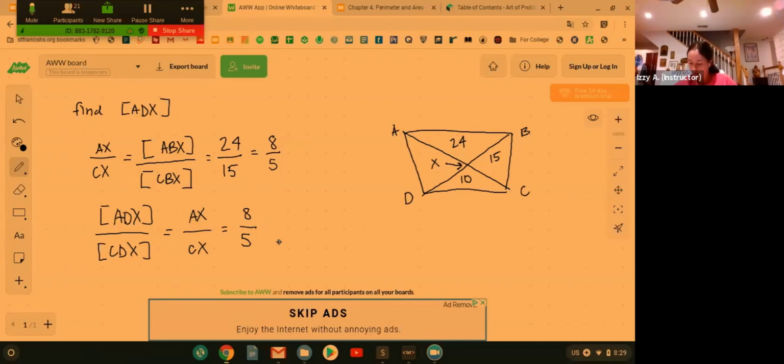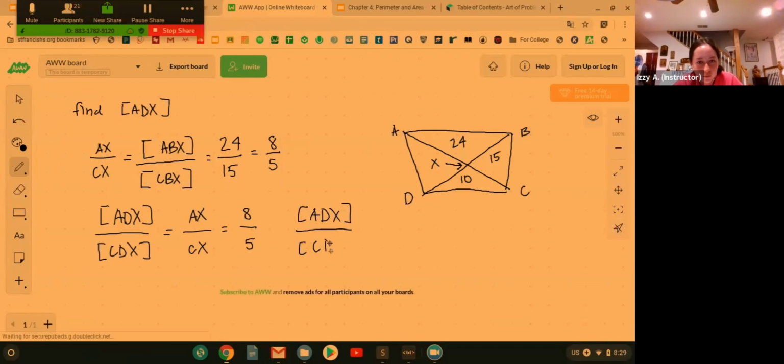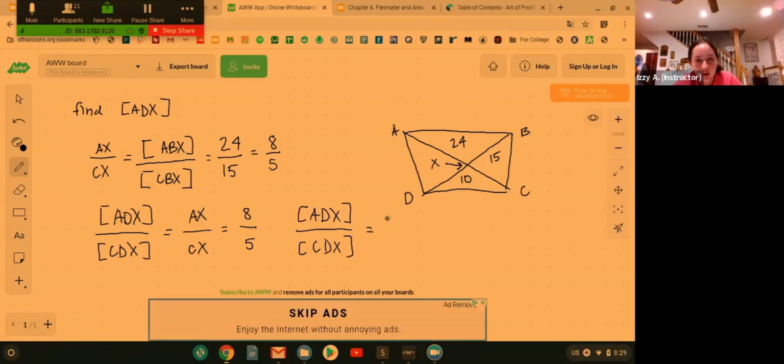So as a result, if we arrange this part of the equation, oh wait, no, my bad. So let's have 5 there. I'm just going to rewrite a certain section of the equation, but we know that the area of ADX over the area of CDX is equal to 8/5.